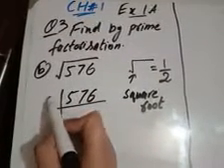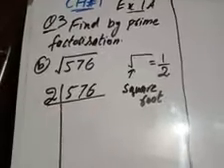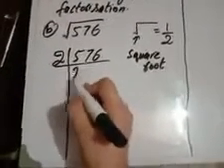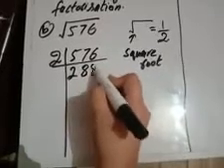576 is an even number, so we divide it by 2, the even prime number. 2 2s are 4, 2 8s are 16 and 2 8s are 16.